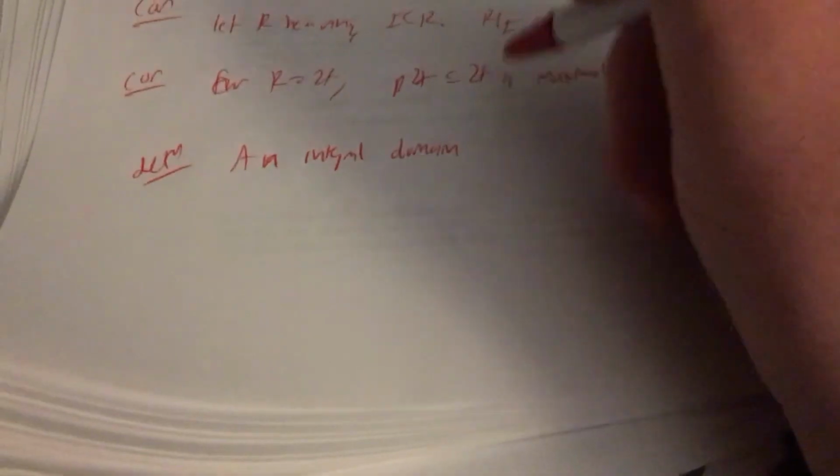So I'll finish off today by leaving you with this definition. A domain, an integral domain, is a commutative ring. To be clear, this is commutative ring territory here.